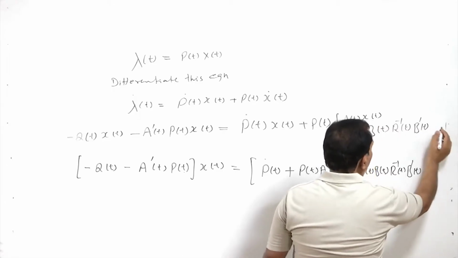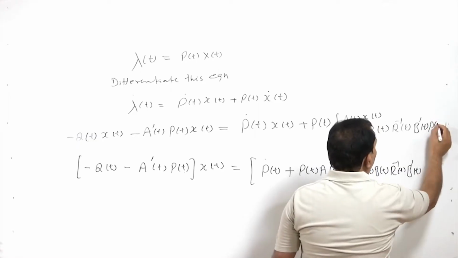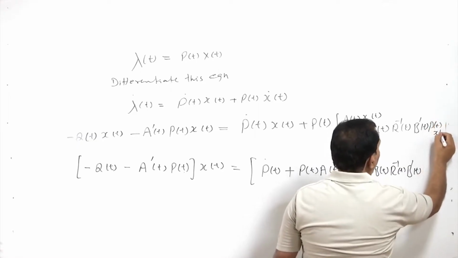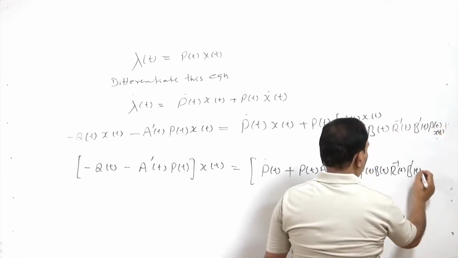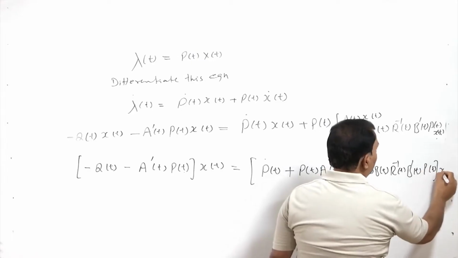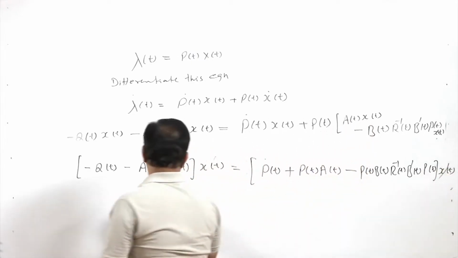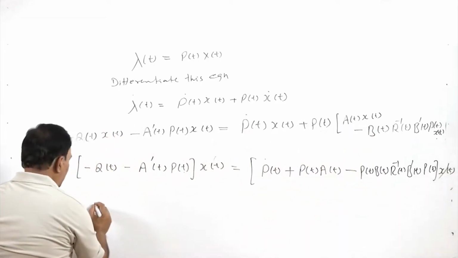Here I had directly written x(t), but this is B transpose P(t) x(t). This x(t) we can cancel out and write the whole equation.